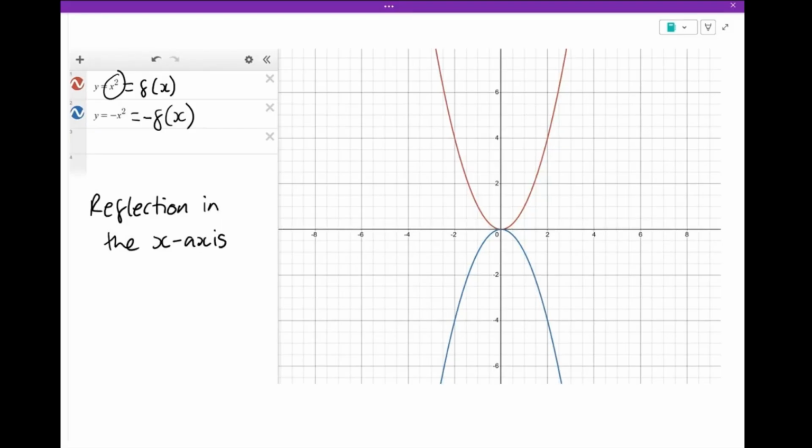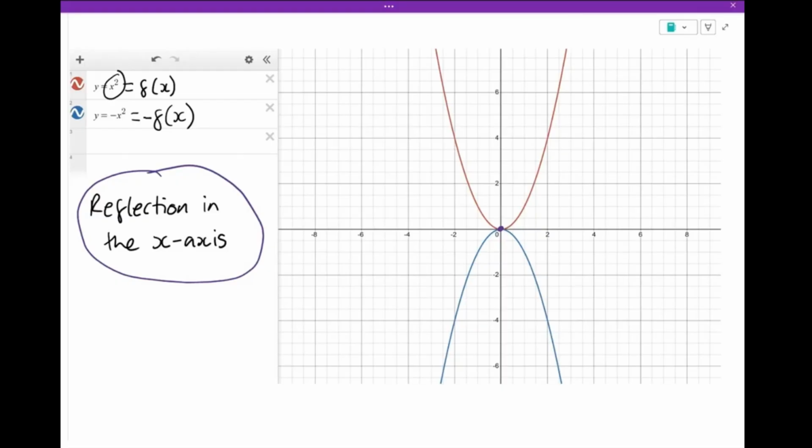Now, if we look at the turning points, which is what we were investigating previously, the red turning point is here at the origin, and the blue turning point is also there, which makes sense if it's a reflection in the x-axis, because any point on the x-axis should remain exactly where it is when it gets reflected. We'd call it an invariant point when it doesn't move during a transformation.